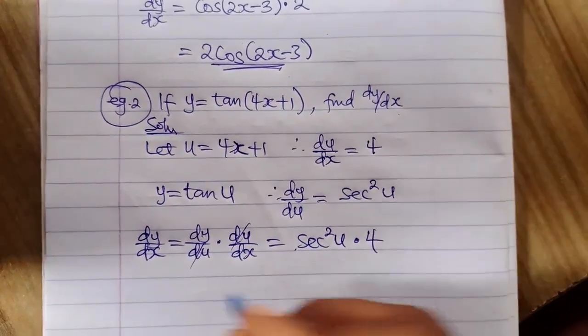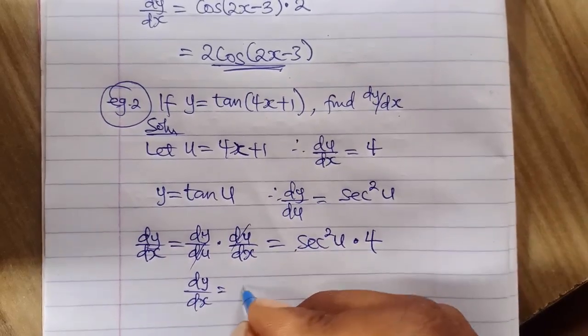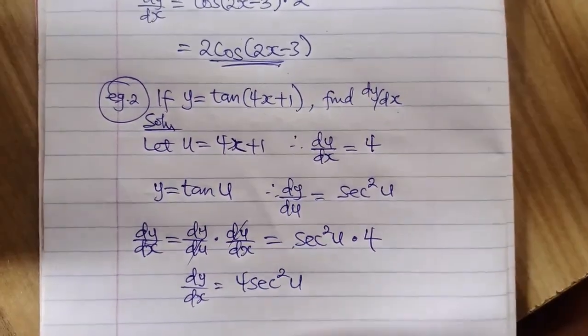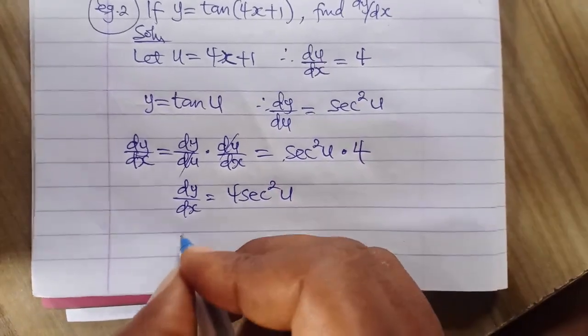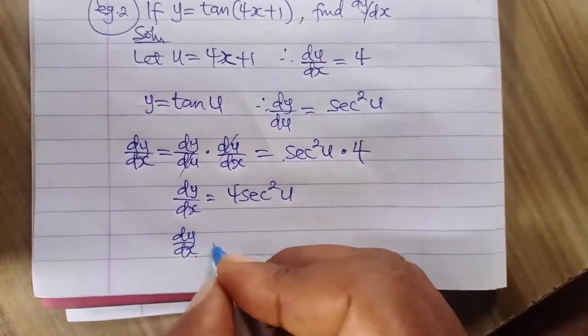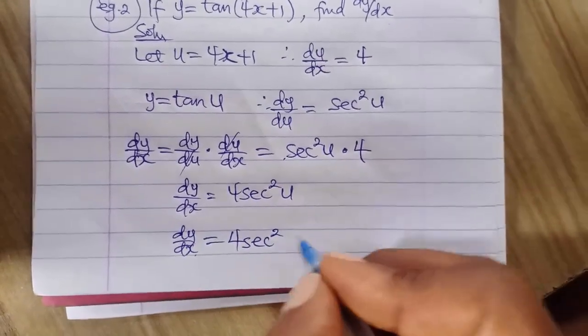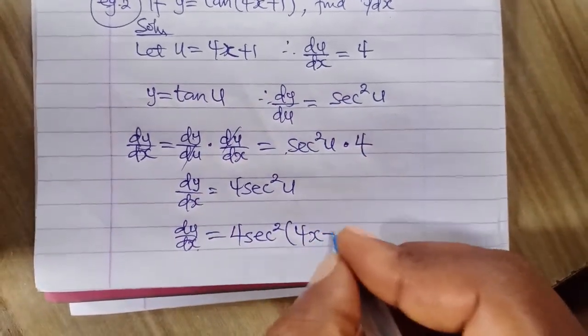So if we multiply that, dy/dx is equal to 4 sec squared u. We can now reintroduce u into it. We can now say that dy/dx is equal to 4 sec squared, where instead of u, the value of u is 4x plus 1.